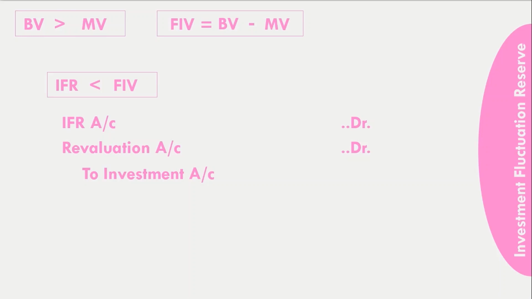Now, what if the market value is more than book value? Which means in the market our investment is worth more than 10,000 now, according to our example. So as the value has increased, we will find the rise in value, which is market value minus book value.